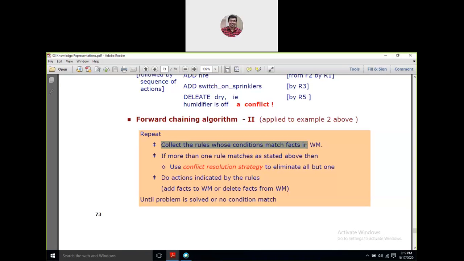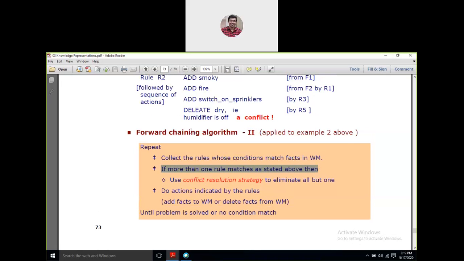Now if more than one rule matches, then we have a conflict. So we have to use conflict resolution strategies. There are certain ways to resolve these conflicts, to eliminate all but one.